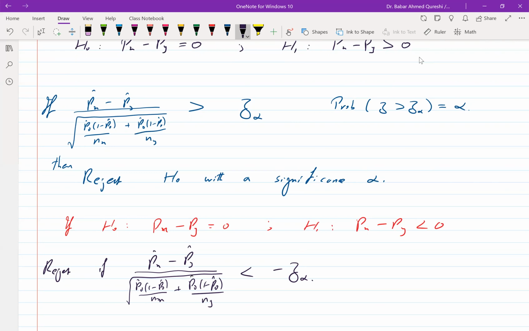Similarly, you can divide it as we have been doing. You can test the equality against a two-sided alternate that either px is bigger or py is bigger. Then you can divide the significance at the two ends and reject the null hypothesis if you see a number here or a number here.